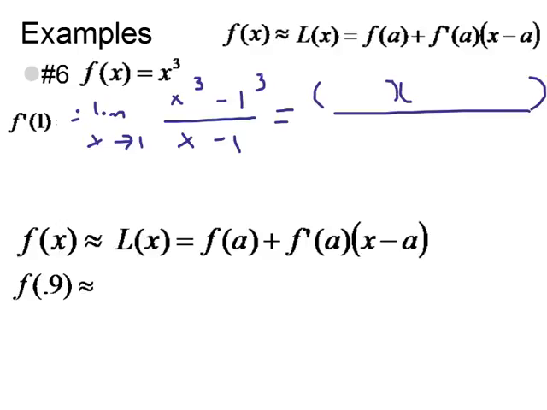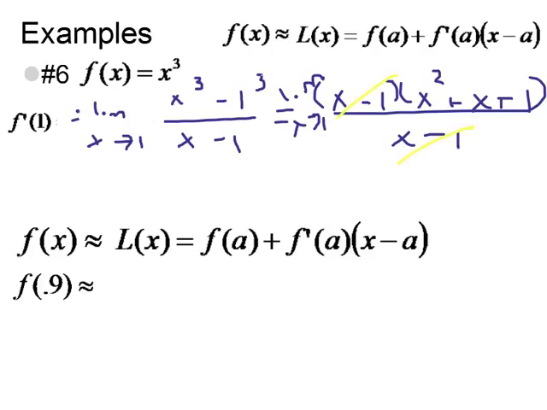Oops, I forgot my limit, so let me squeeze it in here. For the difference of two cubes, I take the cube root, I keep the same sign, I take the cube root, and then I have the first term squared. This sign's always opposite, the product of those two terms, and then this is always a plus, and that's the last term squared.